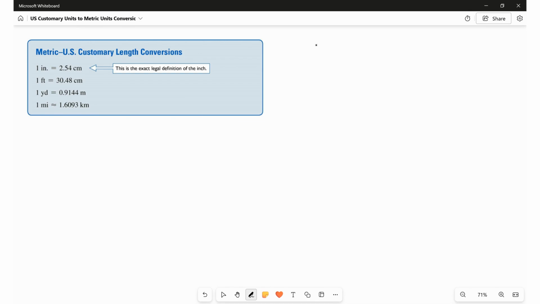Let's say that we want to convert 16 inches to centimeters. Remember that we start out with what we have and we multiply by the conversion with what we want on the top and what we're getting rid of on the bottom.